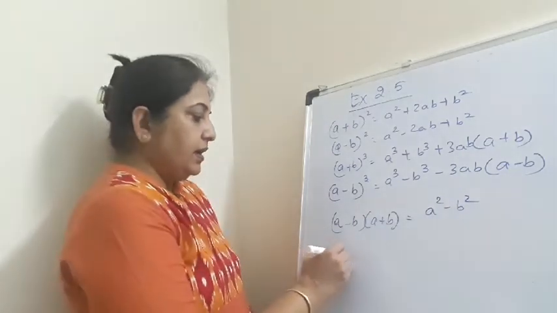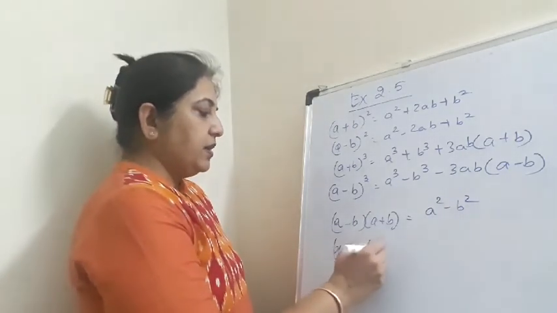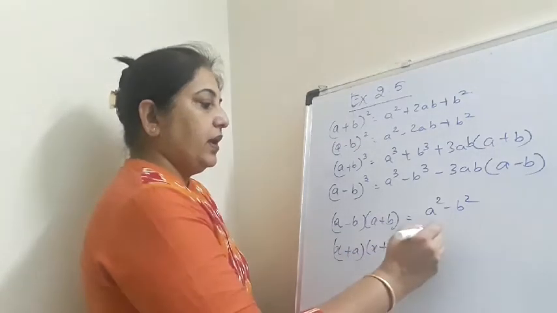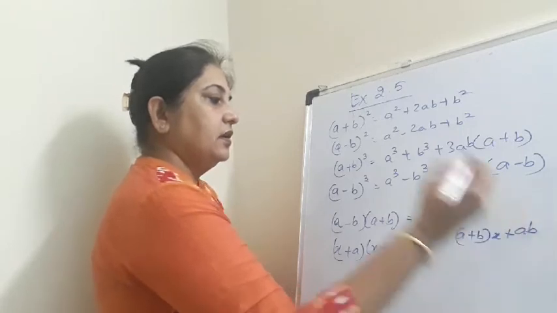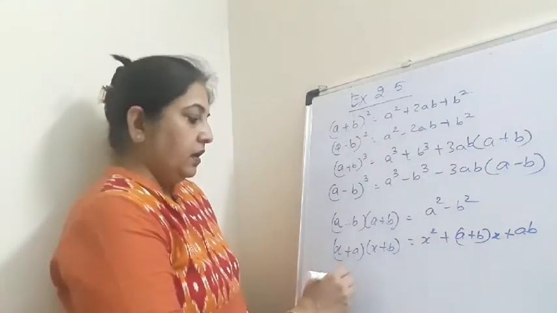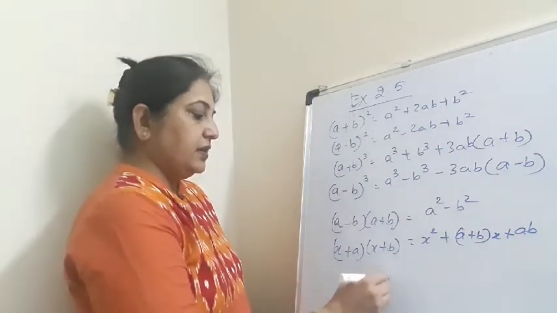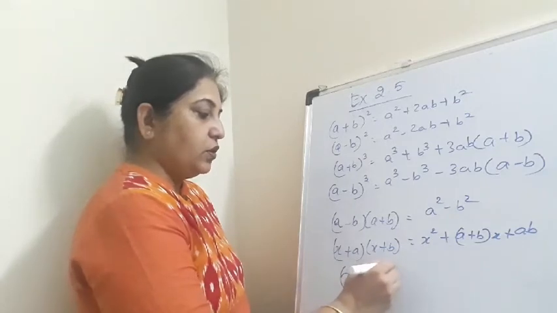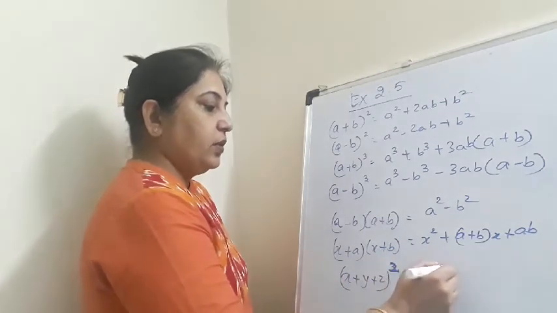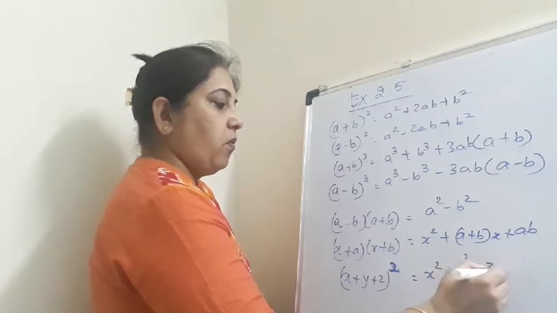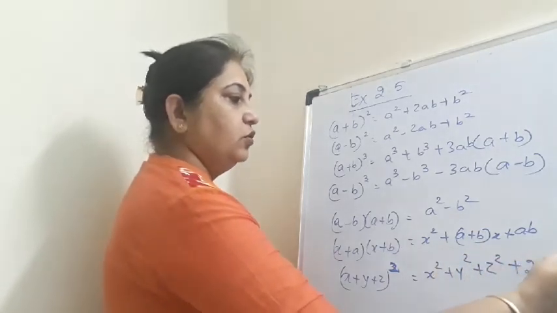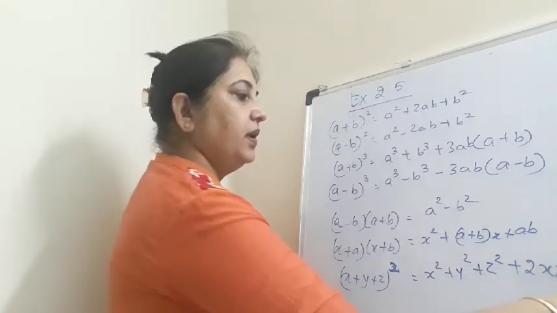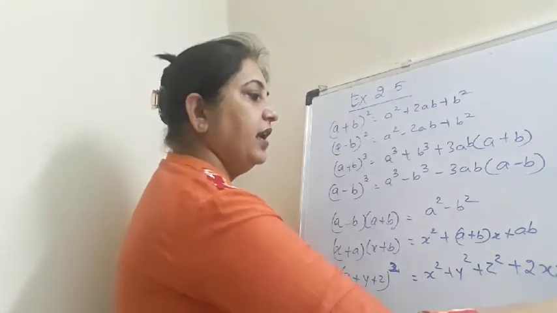Then (x + a) into (x + b) is equal to x square plus (a + b)x plus ab. Then (x + y + z) the whole square is equal to x square plus y square plus z square plus 2xy plus 2yz plus 2zx.